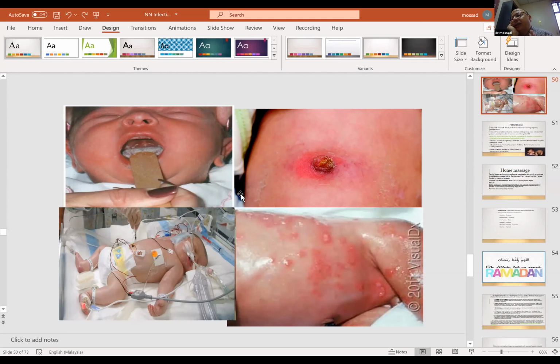But the most important point here, you must go through the protocol in the unit you are working in. Even in Malaysia, between unit and unit, you will find a different concept. In America, they say no, don't start now, just repeat after 6 hours with close observation. If the baby starts to bleed, give the treatment, platelets.